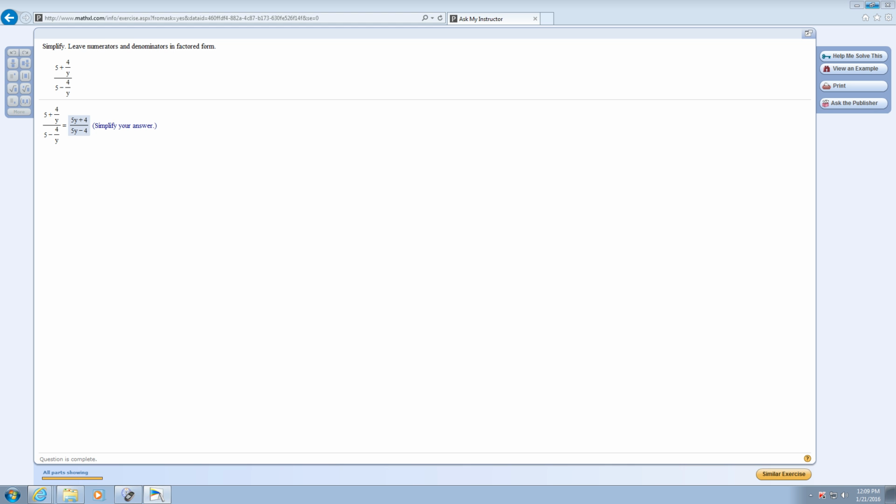Let me take my handy dandy blue marker out. Nothing cancels here, so you get 5 what? 5y. What cancels here? Y. You get 4. Y times y is y squared. And y is canceled here.